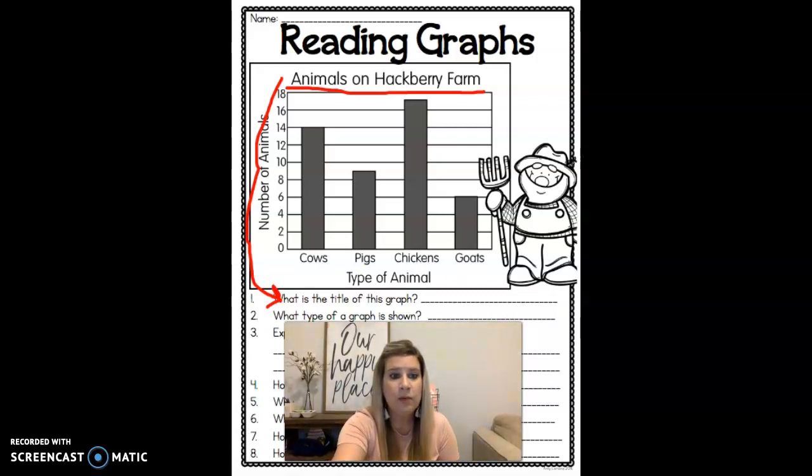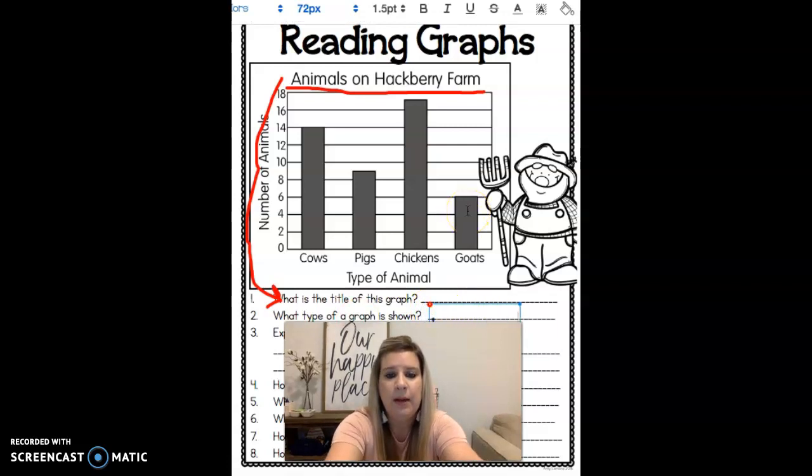We could write bar graph. Made it a little too small. So we could have that for number two, okay?